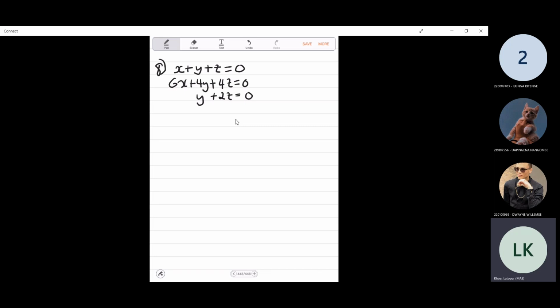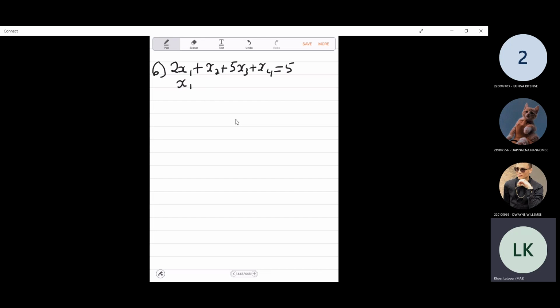Okay, I think number 6 is better. So I want to illustrate something here with number 6. We have 2x1 plus x2 plus 5x3 plus x4 is equal to 5.